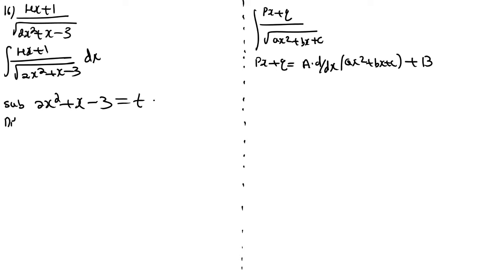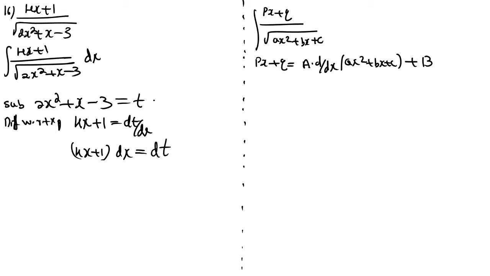Then differentiating with respect to x, 2 2s are 4x, then differentiation of x is 1, 3 is 0, it's equal to dt by dx. So 4x plus 1 into dx is equal to dt.